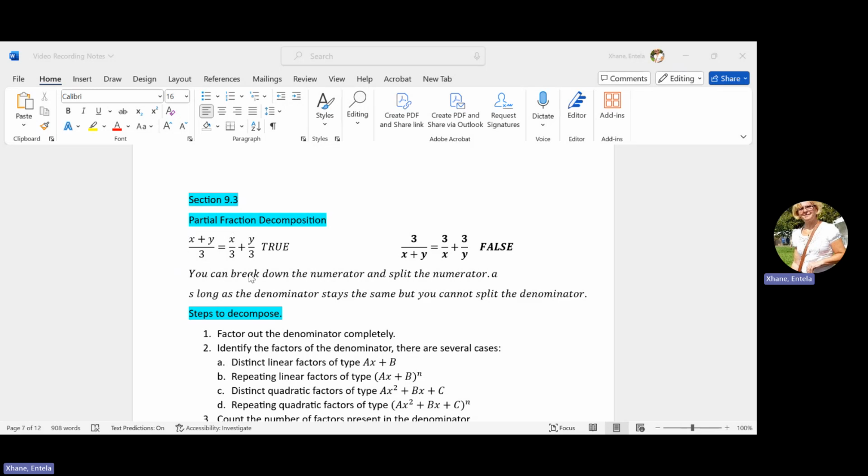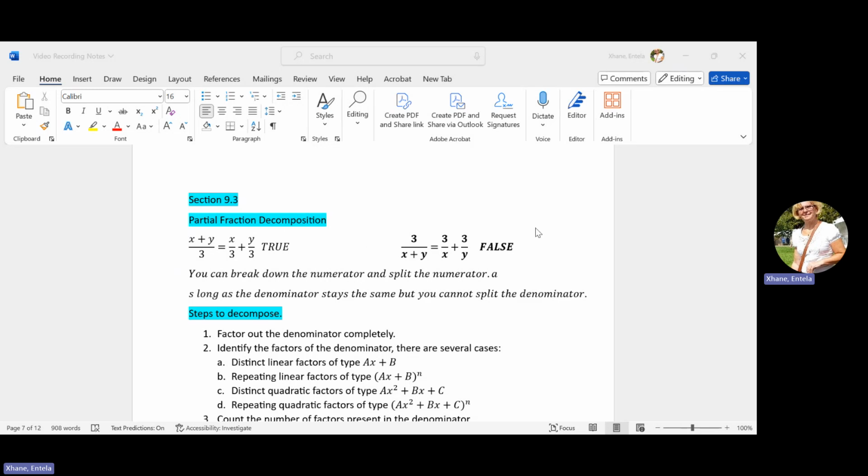So you can write this as x over 3 plus y over 3. And this is true, so both sides of this are equal. That's a mathematical identity. It's a true statement, which means you're allowed to split the terms of the numerator, that's the key, as long as you keep the denominator the same.